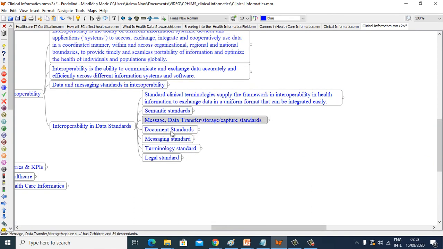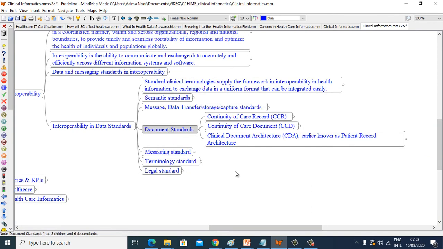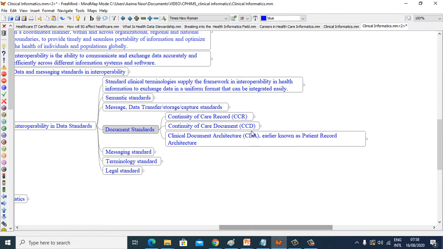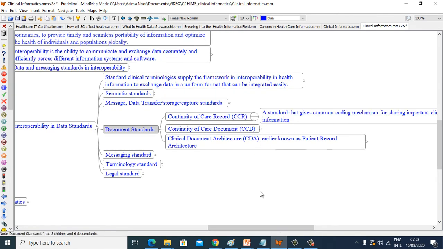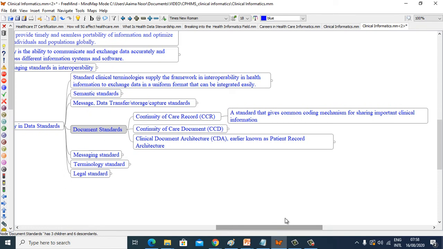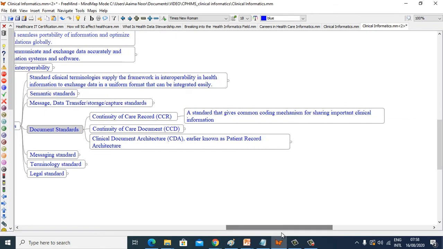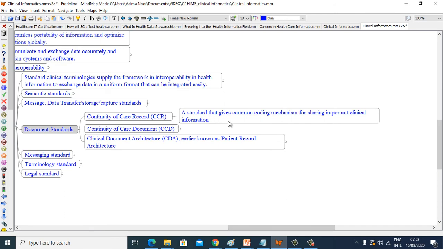Now we'll see document standards. Continuity of Care Record, Continuity of Care Document, and Clinical Document Architecture, CDA, earlier known as Patient Record Architecture. Let's see the Continuity of Care Record: a standard that gives a common coding mechanism for sharing important clinical information.